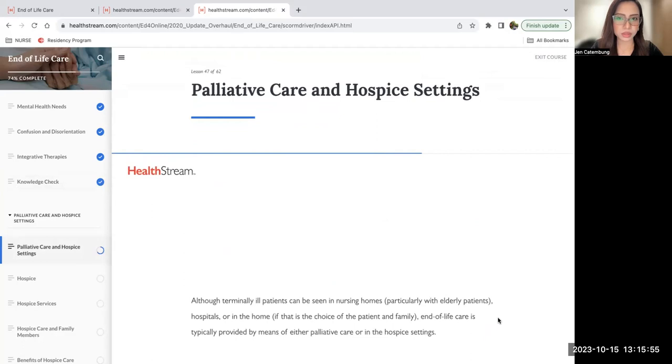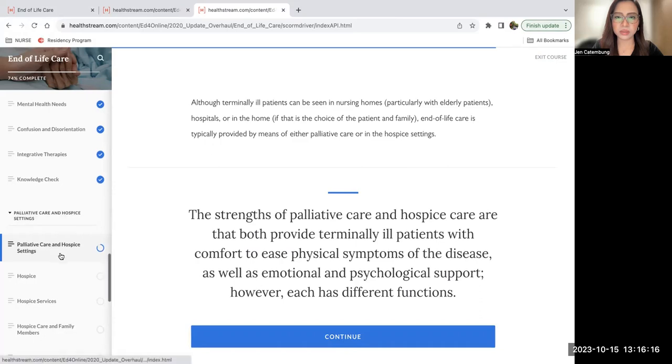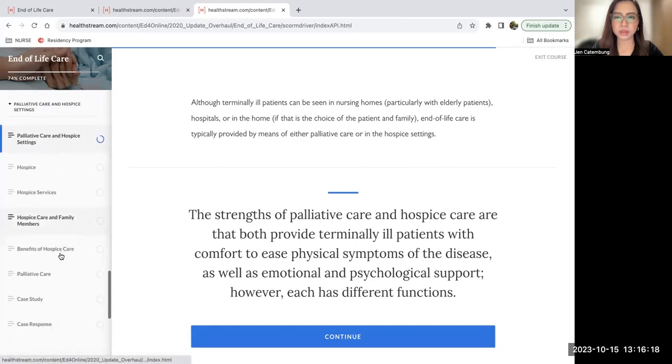Palliative care and hospice settings. Although terminal patients can be seen in nursing homes, particularly with elderly patients, hospitals, or in the home, if that is a choice of the patient and family, end of life care is typically provided by means of either palliative care or in the hospice settings.